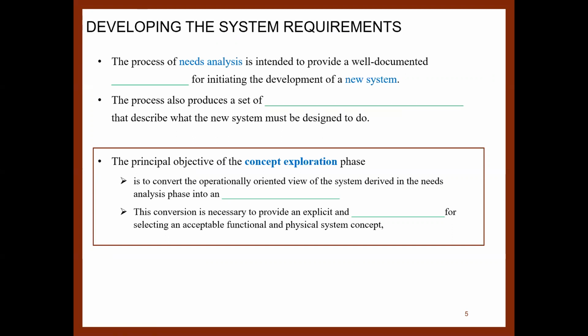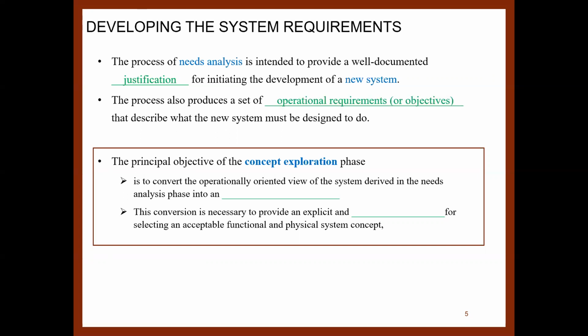The process of need analysis, which is what we discussed in our previous lecture, is intended to provide a well-documented justification for initiating the development of a new system. So we go through that process in order to understand the need, and in addition to that, find a justification for developing a new system based on that need.